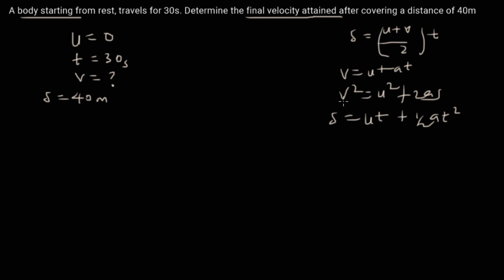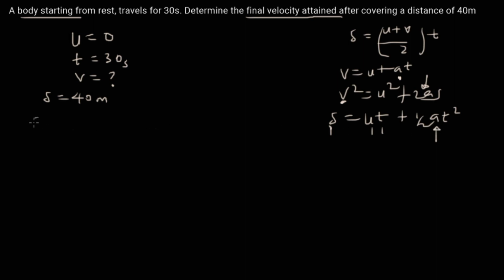The final velocity is v, so we can use this formula as well, but we do not know a, so we need to find a. We need to use a particular formula to first of all find a. We can also make use of this formula, but it will require that we find a. So the only formula we can use to find a is this. Since we have s, there is u, there is t, but there is no a, one unknown.